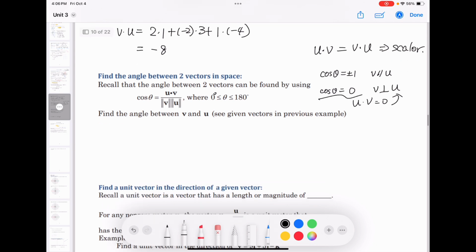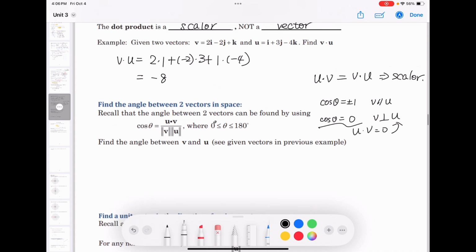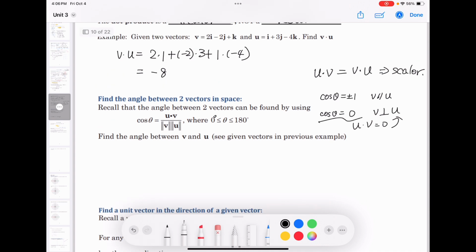Let's find the angle between v and u. The angle between v and u has a formula. So we need to find u dot v. But what is v? So we can put v here. v is from the previous example.